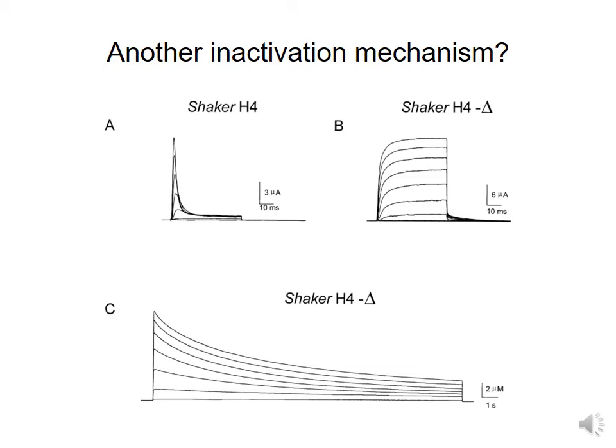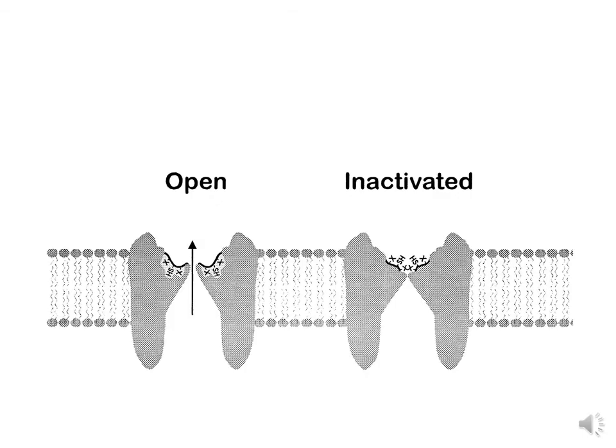For example, these Shaker potassium channels show very fast inactivation. You can remove the amino terminal and now you remove this fast inactivation. But if you look at these mutant Shaker potassium channels that do not have the N-type inactivation, or the ball and chain type of inactivation, over a time scale of several seconds, not milliseconds, there is a second type of inactivation.